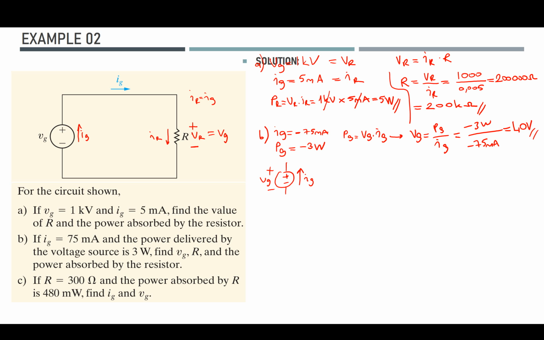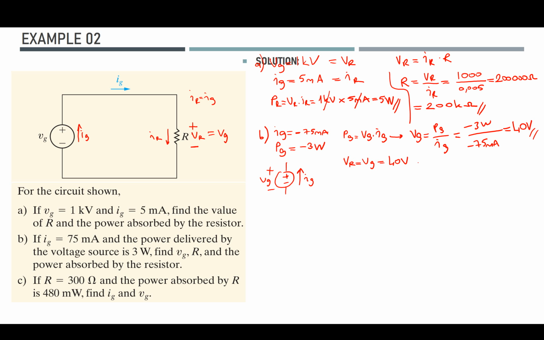Now we are also supposed to find the R. Since the circuit topology hasn't changed, the previous equations still hold. So the voltage across the resistor should be equal to the VG. From here I know that the VR should be equal to VG, and that's 40 volts.